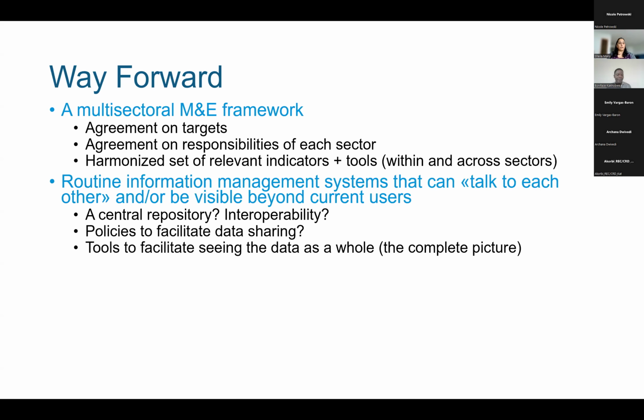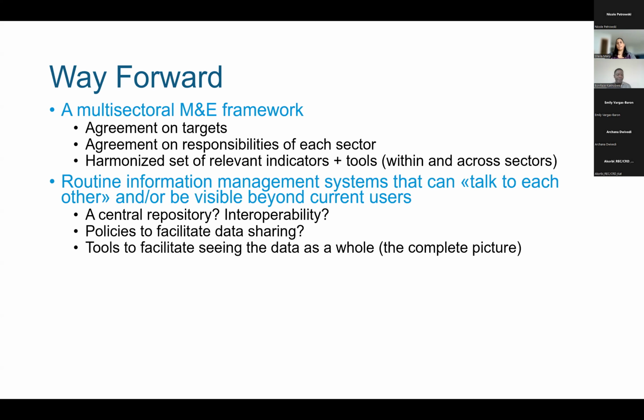We have many information management systems. We all know we have the education one, we have a health one, et cetera, but the challenge is that only the people that have access to those can see them. So if I'm in health, I can see my health MIS, but I don't have access to the one in education.